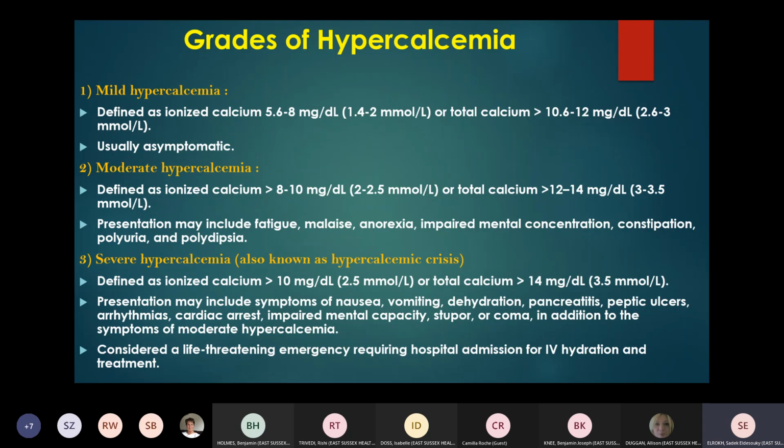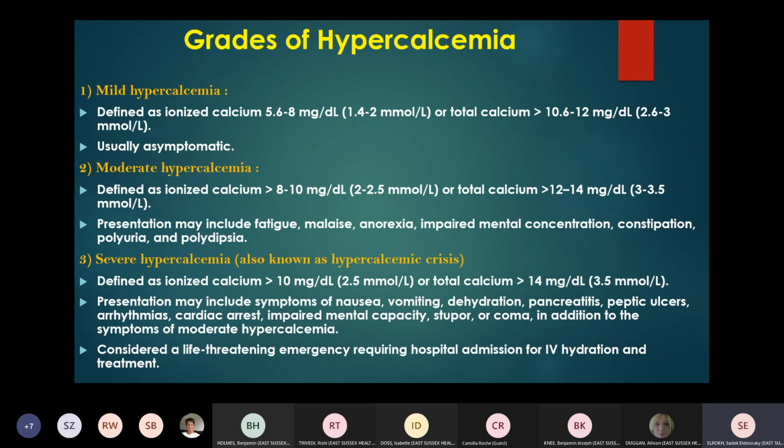Mild hypercalcemia is defined as ionized calcium between 5.6 to 8 milligram per deciliter, or total calcium between 10.6 to 12 milligram per deciliter. Actually, what we are using here in the UK is milligram per deciliter, but in the United States and other countries, they are using millimole per liter. So let's use milligram per deciliter as we are using here in our NHS trust.